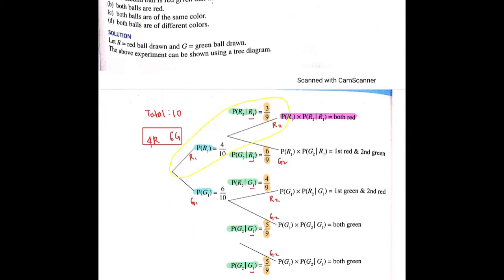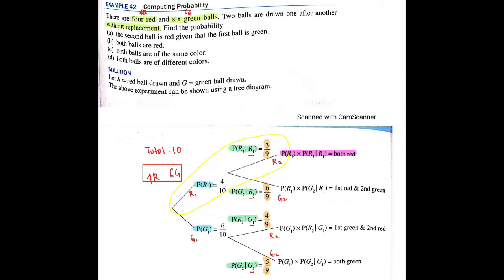The same with this one: if you want the first ball red and the second ball green, you can just multiply this branch, and you can multiply this branch if first is green, second is red, and this one, first is green, second is green. So you can use the shortcut of multiplying the branches.